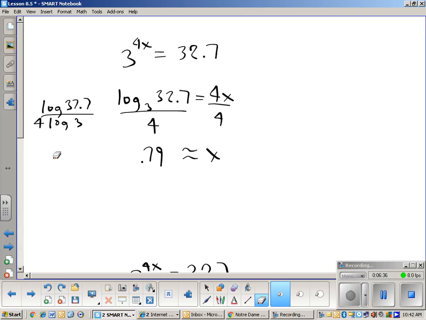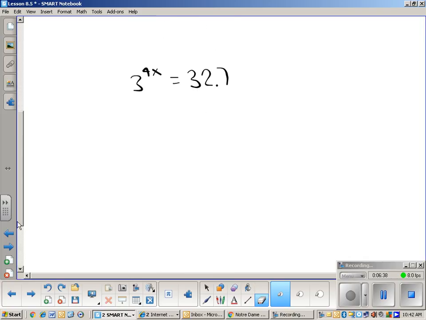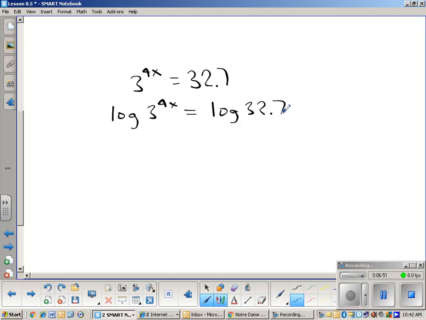Okay? Another way to solve that is to say, if I just take the log of both sides, okay? And most of us will probably remember this method better than we will the other one.